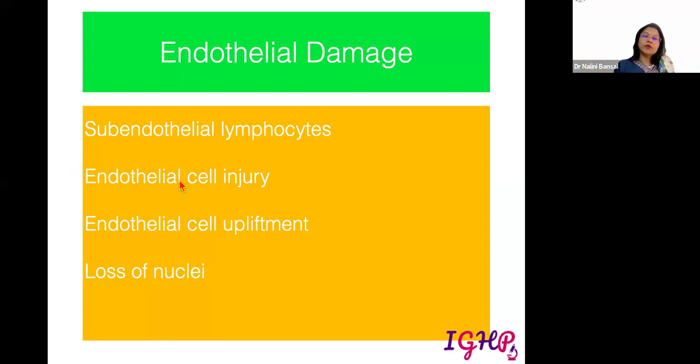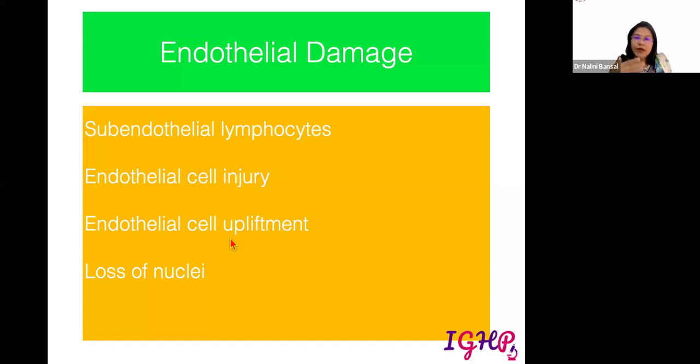Then we could also see, because of this lymphocytic infiltration in the subendothelial location, endothelial cell injury. And what are the features that will tell you that the endothelial cells are injured? You will see some swelling of the endothelial cell nuclei. As compared to the adjacent nuclei, there would be some enlargement of the endothelial cell nuclei. There could be upliftment.